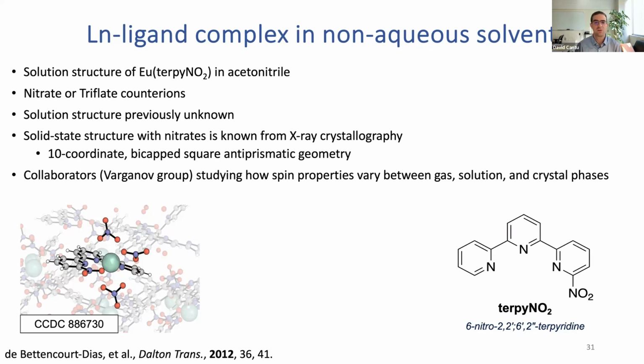But I'm not going to talk too much about spin properties, but about structures and how we use EXAFS to verify them. We studied europium terpieno2 with nitrate or triplet.